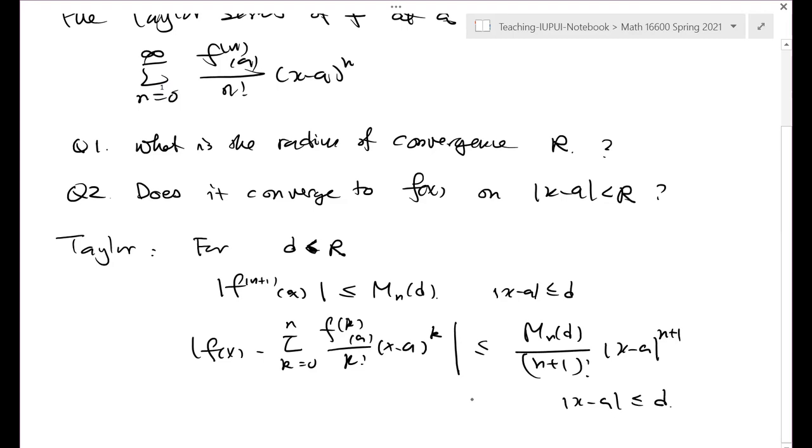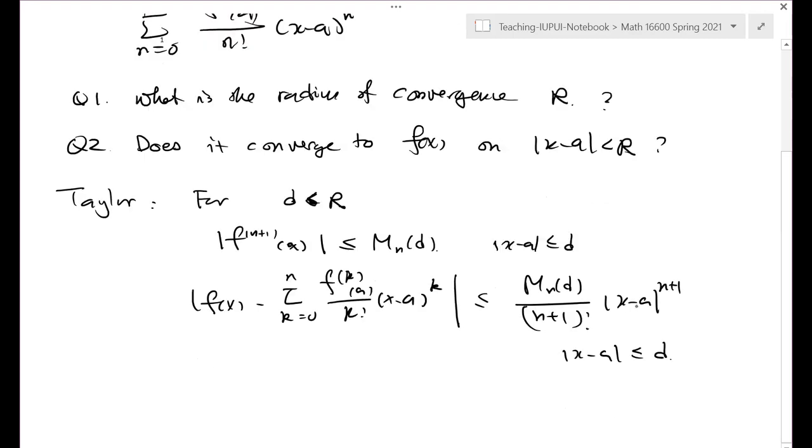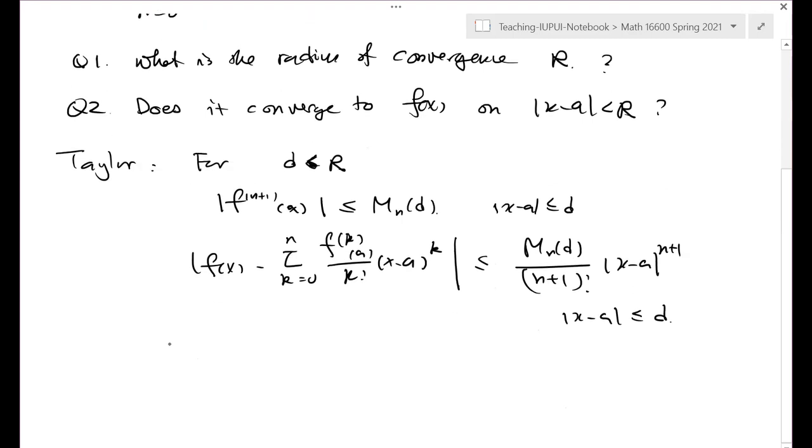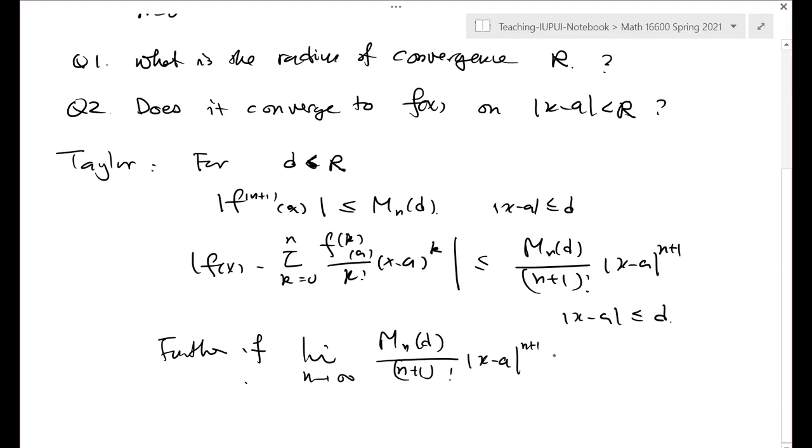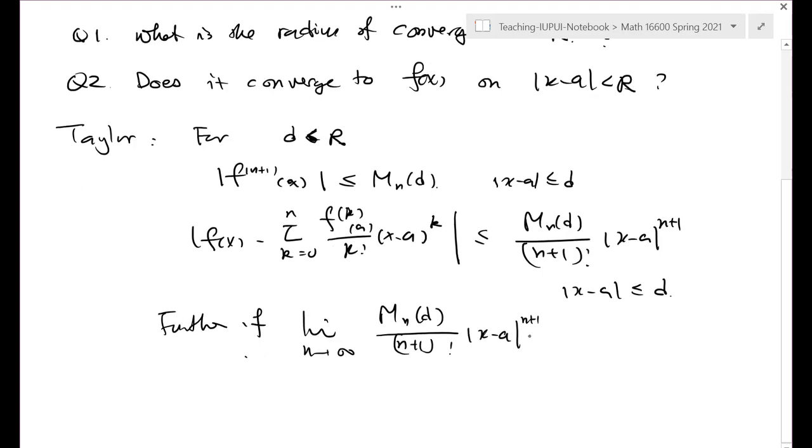Then clearly, if the term on the right hand side converges to 0, further, if the limit approaches 0, we can replace it by d, because x minus a is arbitrary, so the largest possible value for that is d.